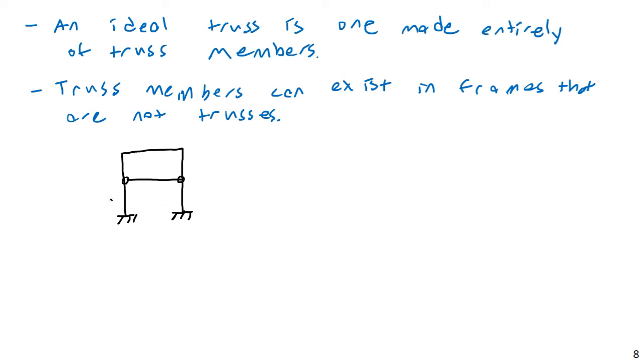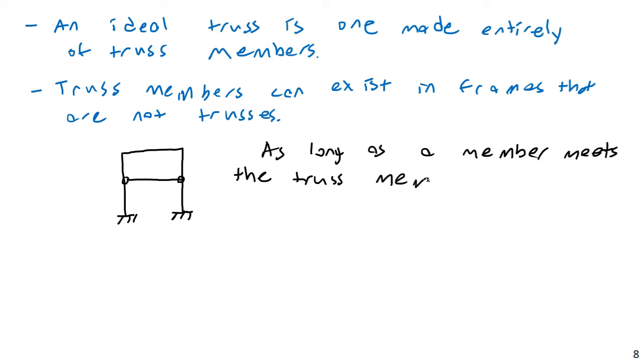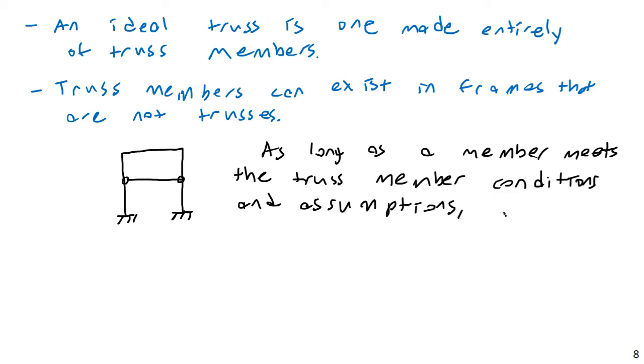So as long as this thing had pins on both ends, so as long as a member meets the truss conditions and assumptions, it will have only a single axial force.